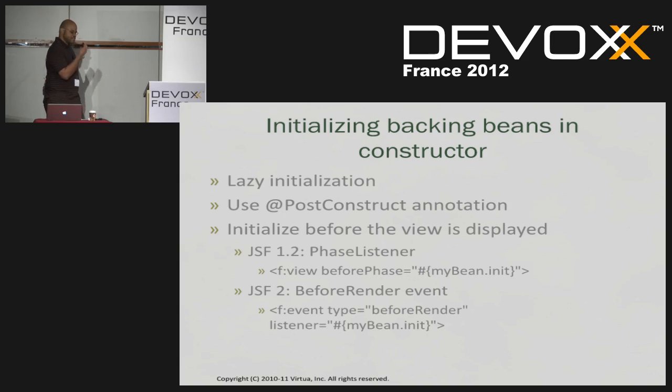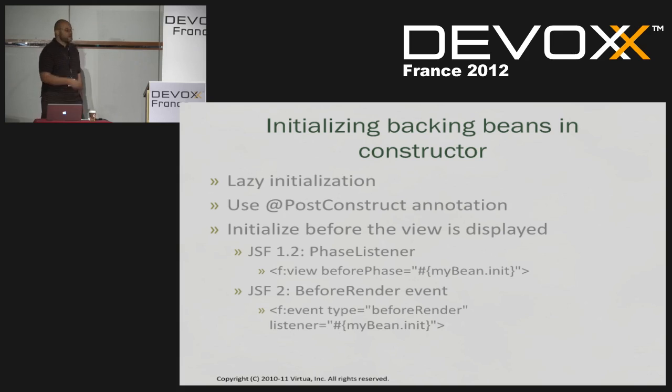Another thing you can do in JSF 2, which is a little bit easier, is you can actually use the before render event. Okay, so JSF 2 has events for particular components. And this is one particular component system event called before render. And here you can basically call this method before, if you put the f:event on the view, at the view level, it'll be before the entire page is rendered.